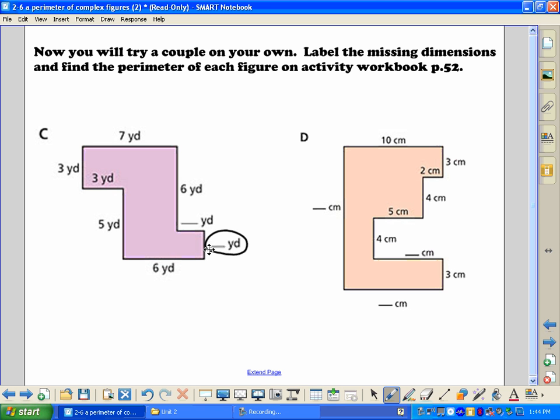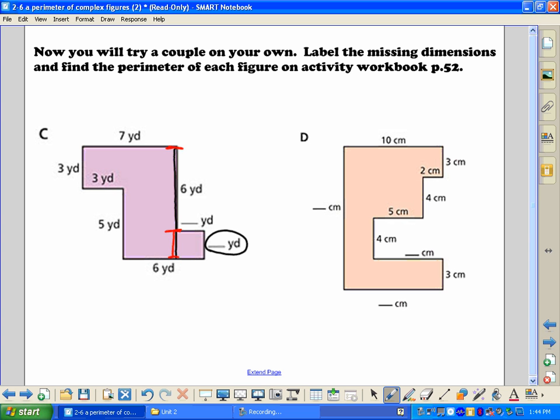So, this side from here to here is how long? Do we know? No. It is not 6. It's 1. From here to here is 6, but I don't know from here to here.